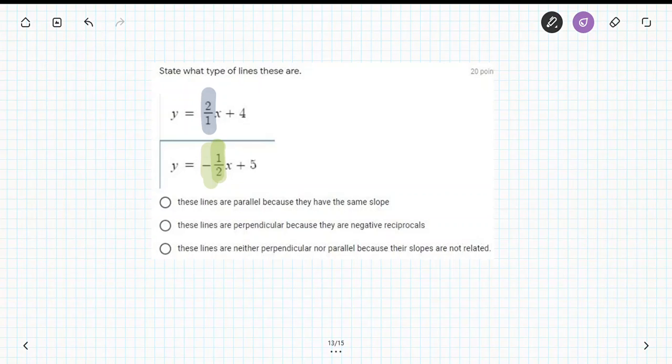As you can see, the places switch, because you have 2 over 1, and that's the slope of the first line, and the slope of the second one is -1 over 2. That means their places changed, flipped, and also the sign changed. So that means that these two slopes are negative reciprocals.